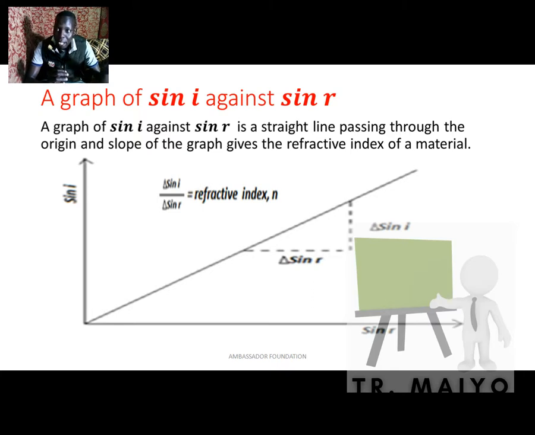First mark is axis: just drawing a y-axis and the x-axis, and you label what each axis stands for, like in this case, sine i and sine r. That is 1 mark. If you had gone to the exam room to pick 1 mark, just do that.